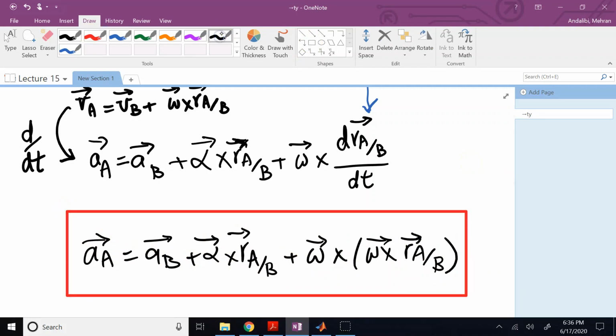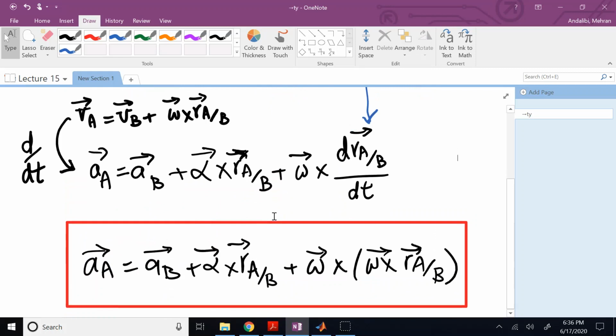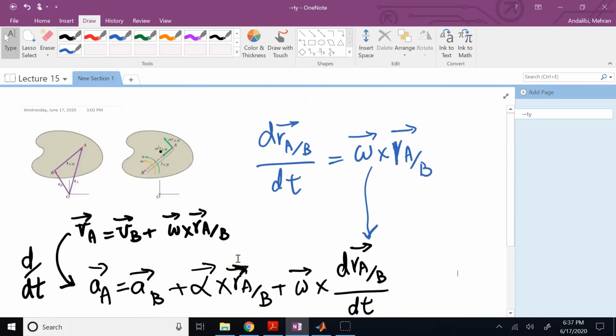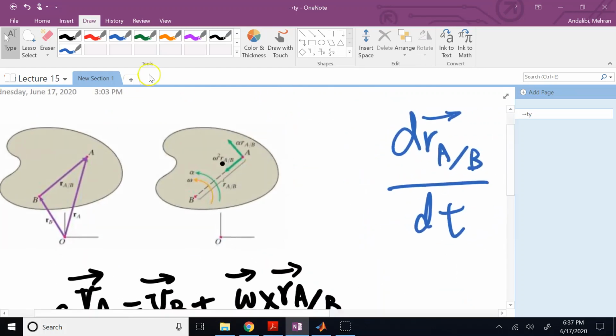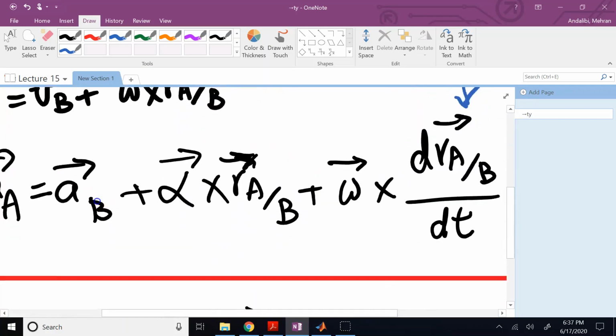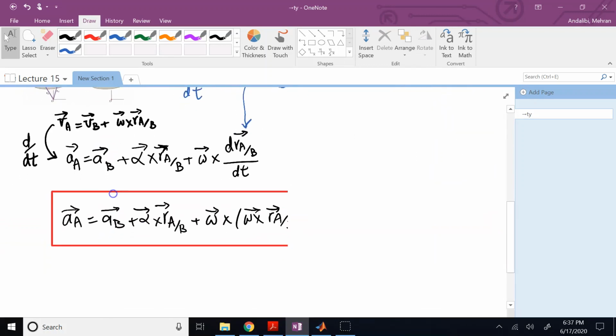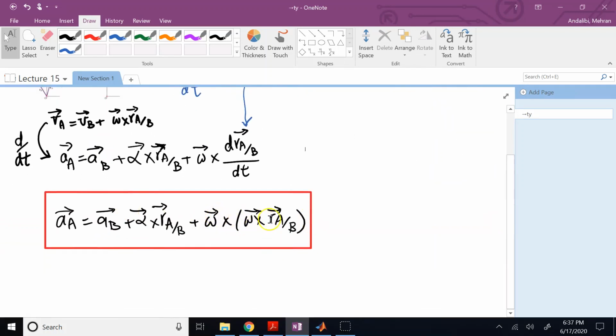And this one says that if you have the acceleration of one point, you need to add two terms to it to find the acceleration of the other point. One is this term, alpha cross r of A with respect to B, which if you remember from the past, we know it as the relative tangential acceleration. And the other term is omega cross omega cross r, which we know as the normal acceleration.